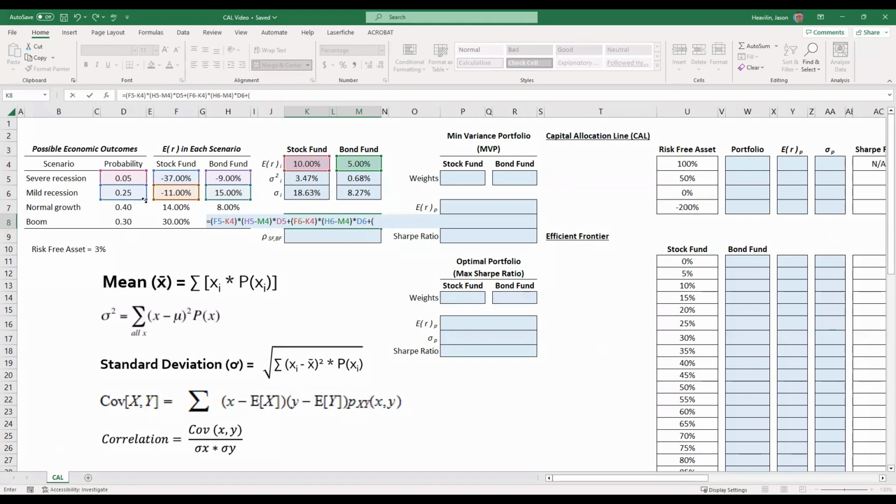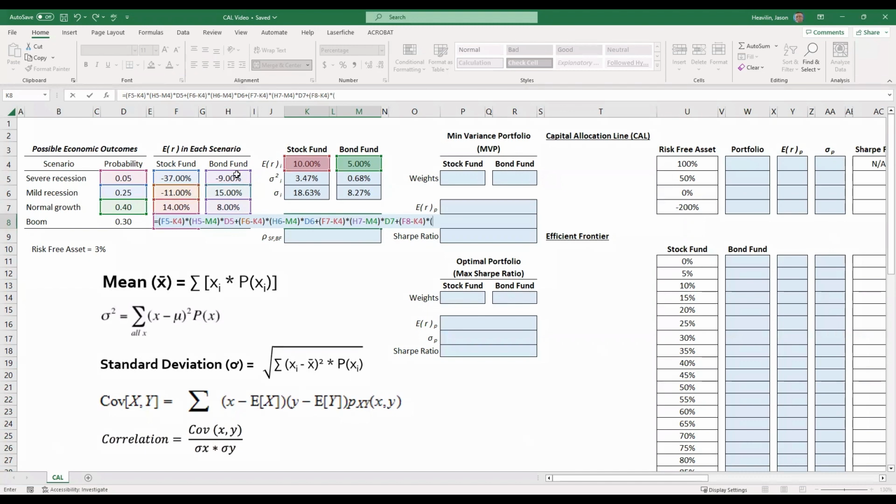Plus, again, stock fund of the scenario, stock fund returns minus the average expected, multiplied by the probability, and the last one, I have to do something a little different here because we can't see it.